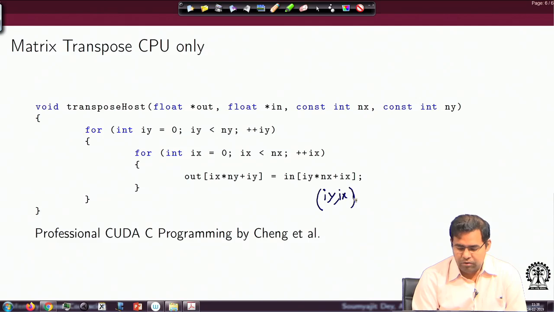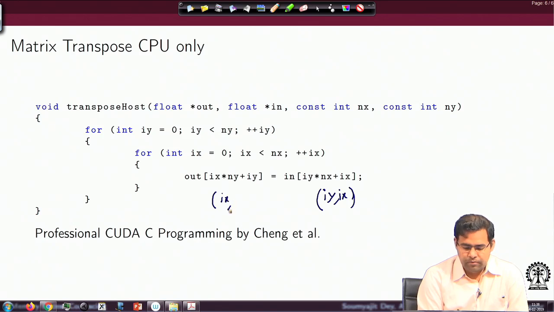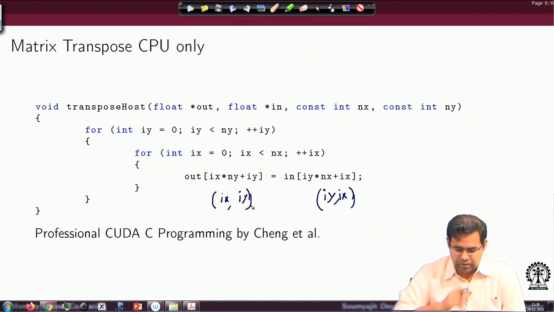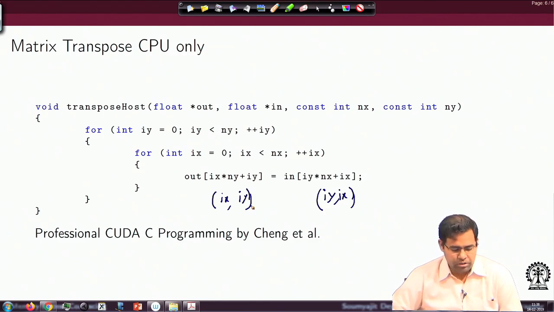The index in y and the index in x get flipped to index in x comma index in y. These are some of the examples taken from the book Professional CUDA C Programming.